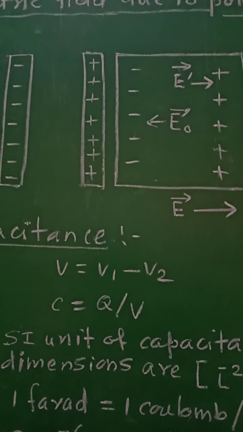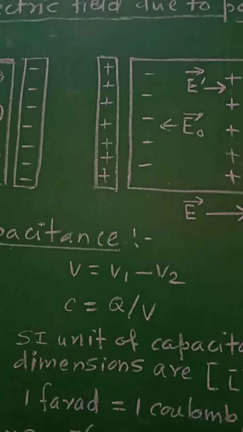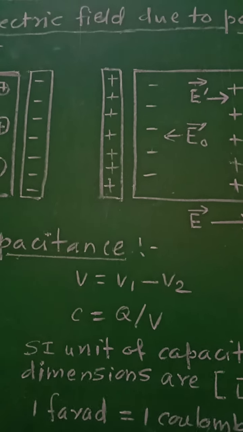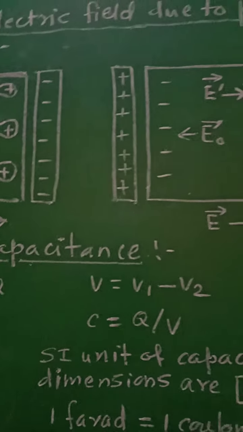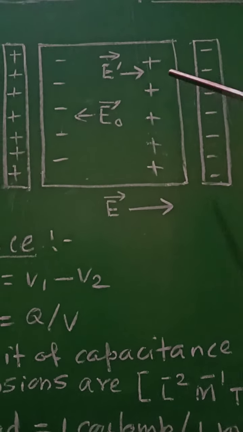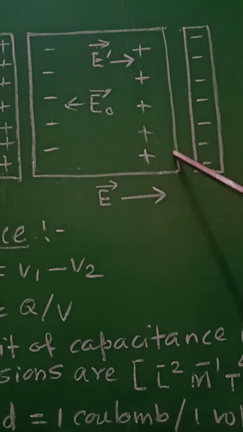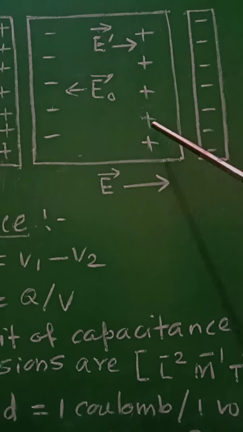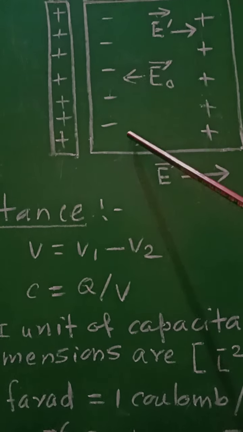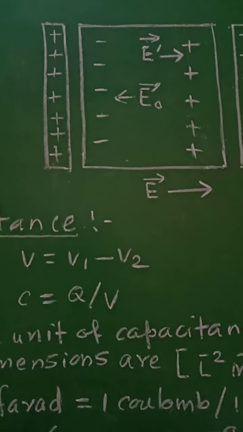As a result of the alignment of the dipole moments, there is an apparent seat of positive charges on the right side. So here the positive seat of charges will be present on the right side, and the negative seat of the charges will be on the left side.